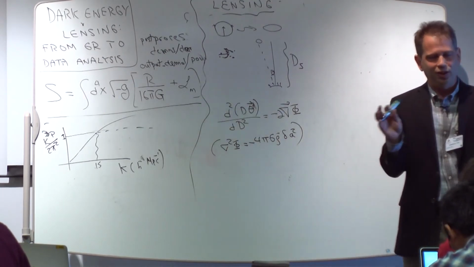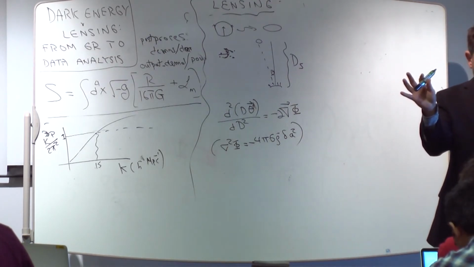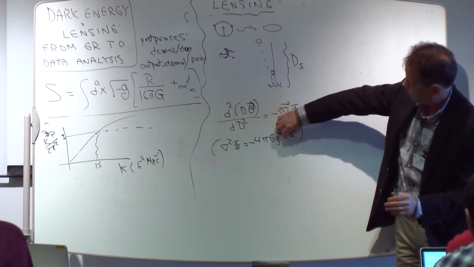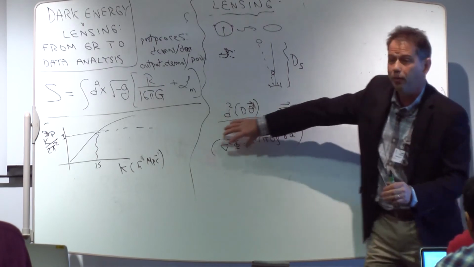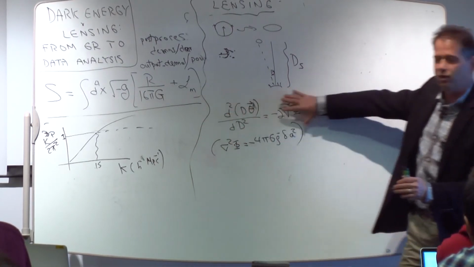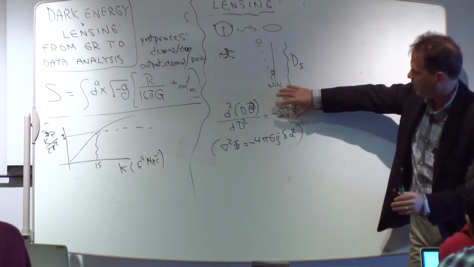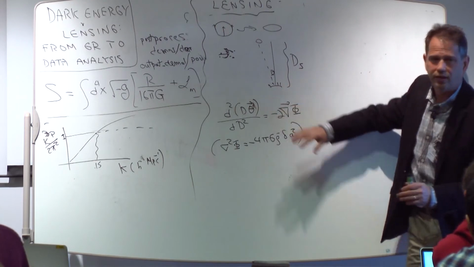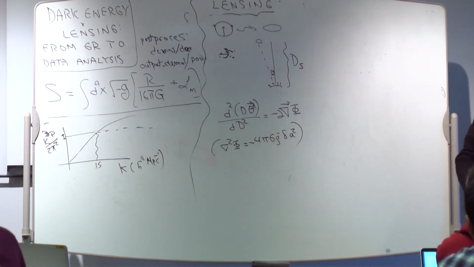So if we want to distinguish between dark energy and modified gravity, one way to do it is to measure how this thing is growing, or to measure how the gravitational potential is changing with time. So we can do that by using lensing, because the deflection is directly governed by this gravitational potential. Okay, does that make sense?